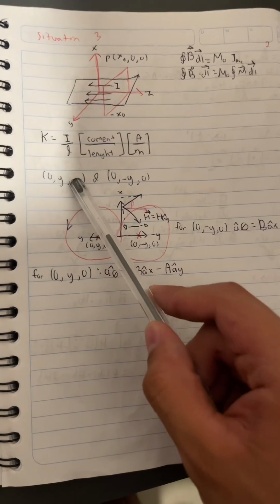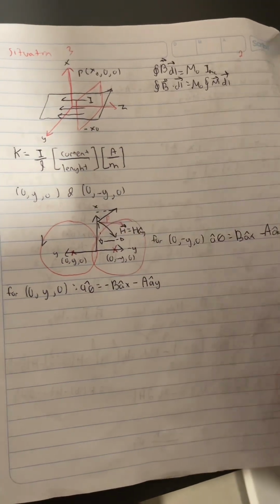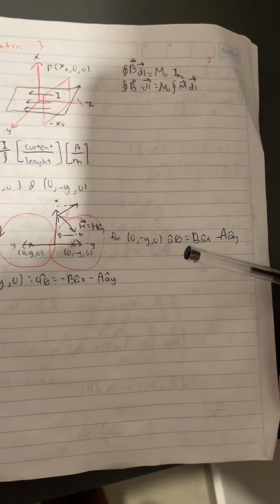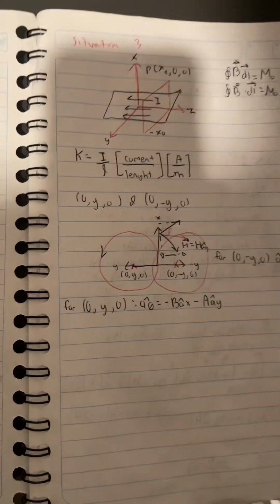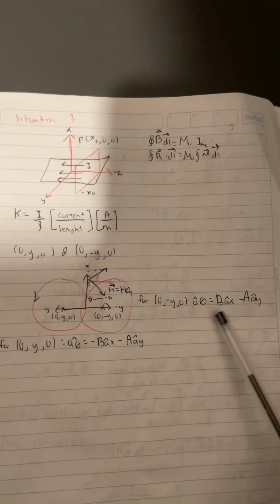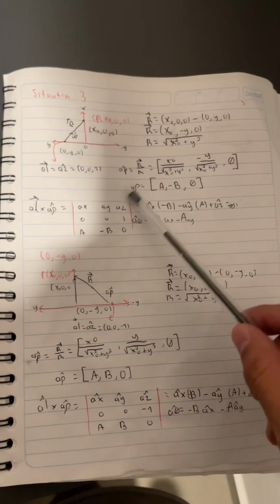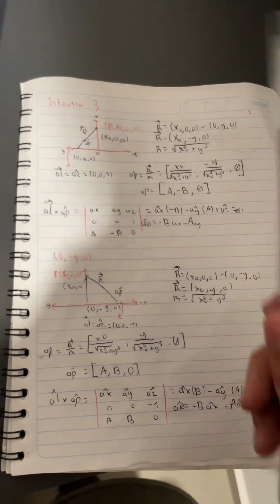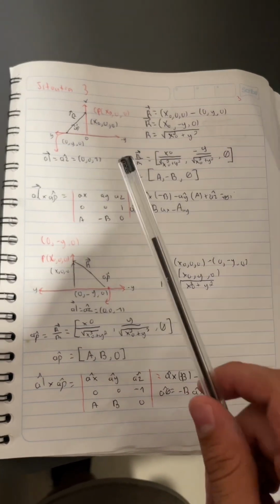Vertical components cancel due to the symmetry. For our first wire we obtain this, and for our second wire we obtain this. So here we have our wire at 0, y0 with our diagram, and here we have our wire at 0, minus y0 with our diagram too.